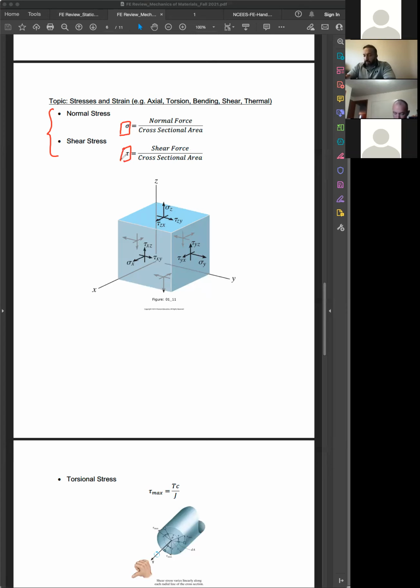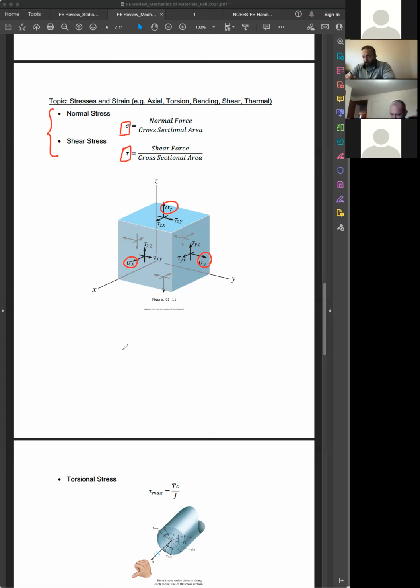Shear stress is usually shown with tau, which is a shear force over cross-sectional area. The 3D stress cube looks something like this. As you can see, this is the direction of the normal stresses, sigma x, sigma y, sigma z, 3 normal stresses, right? Normal to each of the planes.